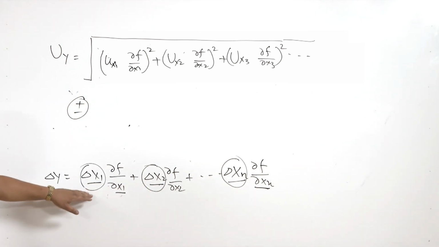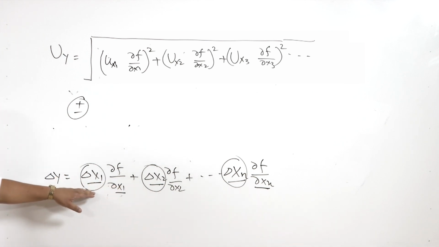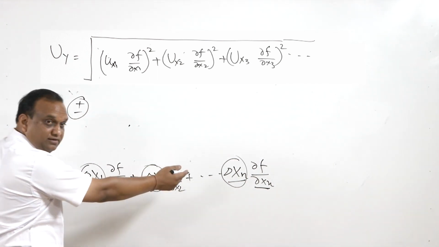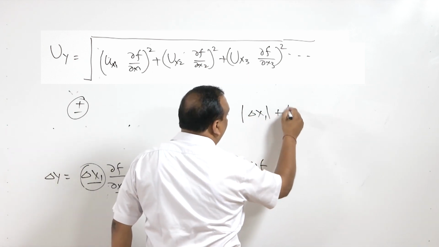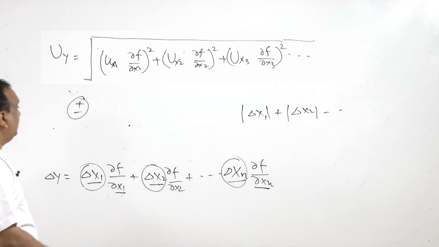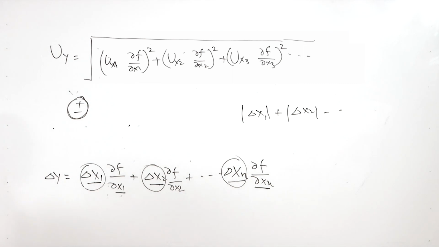Suppose this is negative error, this is positive error, this delta x2 is positive, this delta x1 negative. This should not be; in fact, modulus of these has to be added. Modulus of delta x1 plus modulus of delta x2 like this. So in order to ensure that accidentally it is not done, square has been taken.